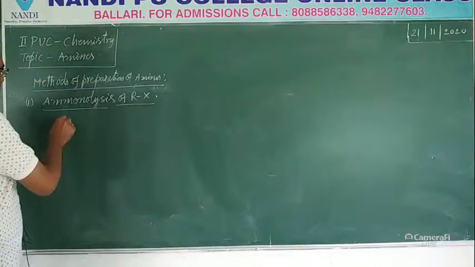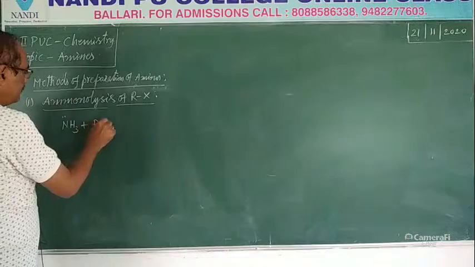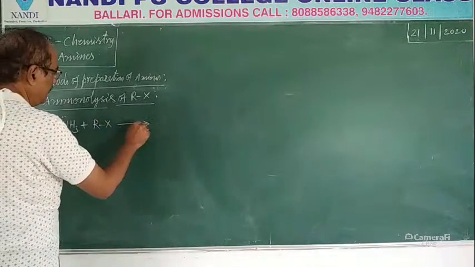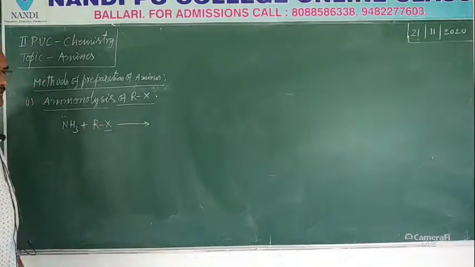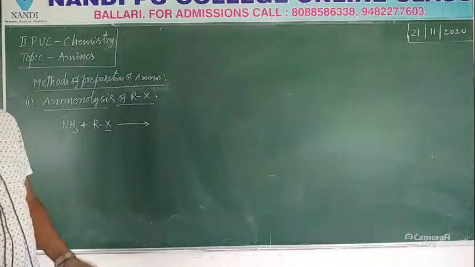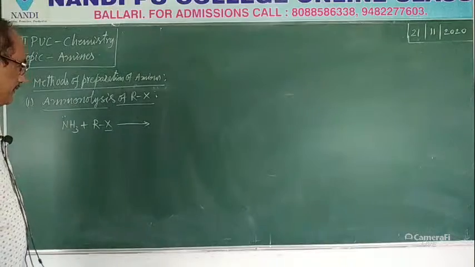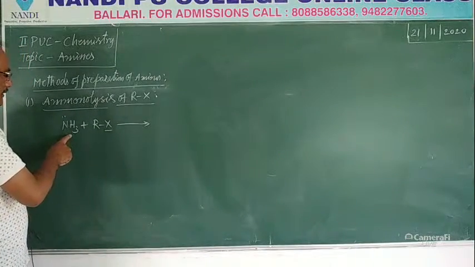I take ammonia, children, and treat it with alkyl halide. You can take alkyl chloride or alkyl bromide, but generally bromide is better because it is a better leaving group when compared to chloride. Now you see this one.